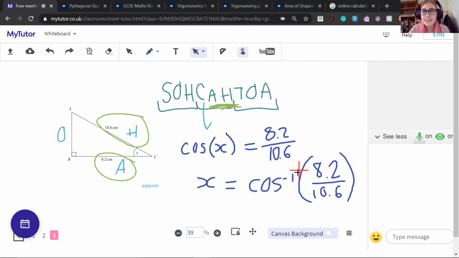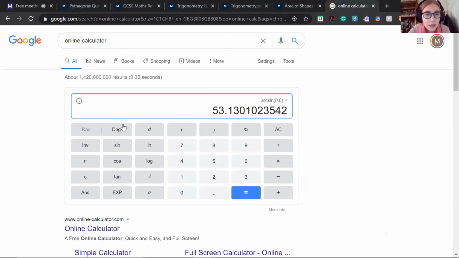Like I was saying yesterday, you won't get any rounding errors if you just put it all into your calculator in one go. So it's a really good idea to do that. So we inverse cos of 8.2 over 10.6. That's all we do. And it just spits out our answer.